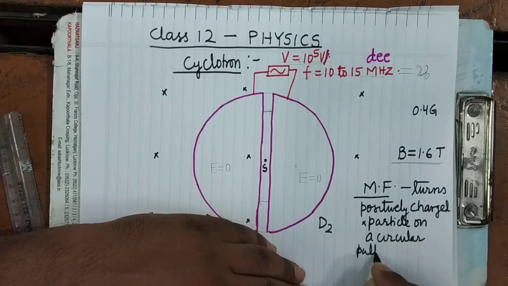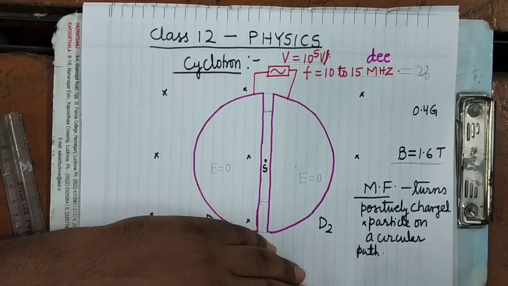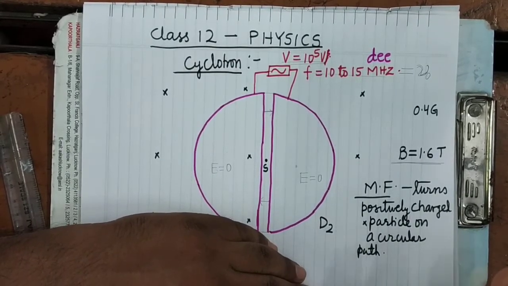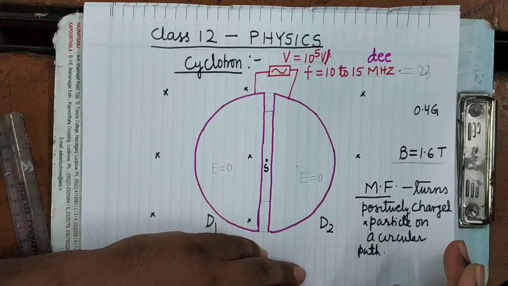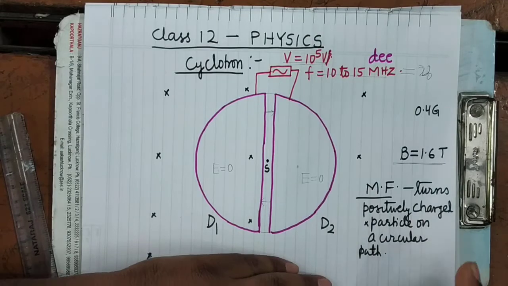It will not affect its speed. Why it will not affect its speed? These things I already explained in the previous lectures. Because here its direction of motion is normal to the magnetic field.